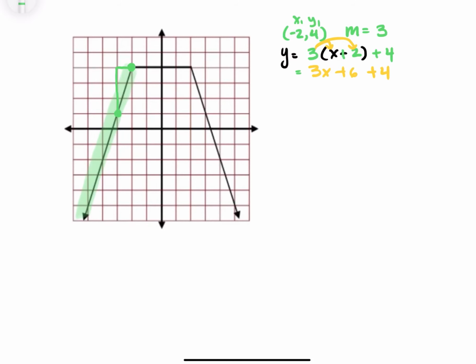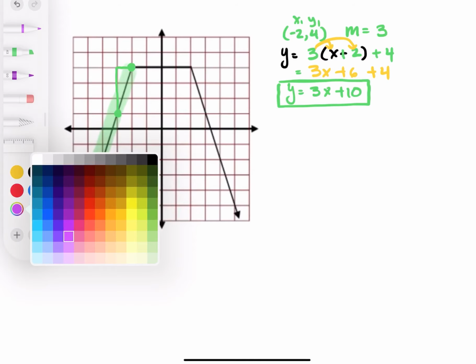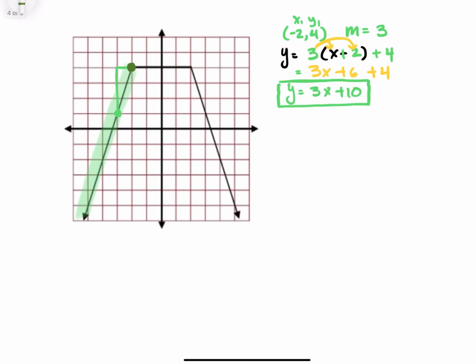So now we got y is equal to 3x plus 10. So there's the equation. Now the constraint, again, we have one endpoint. I'll go ahead and use a darker green here again. So we have one endpoint on the right, and then we have an arrow on the left.